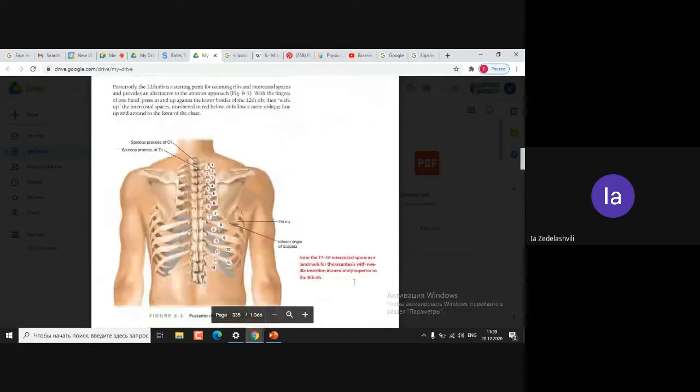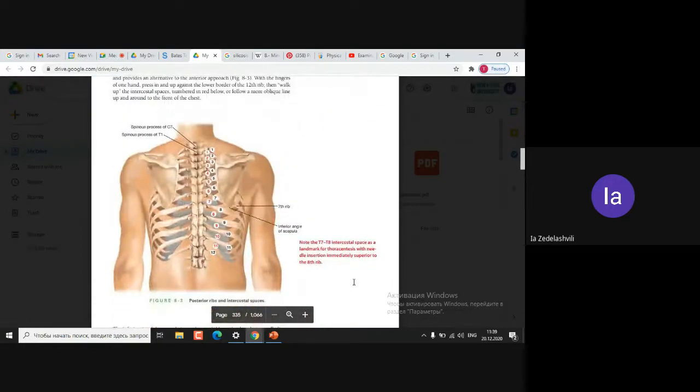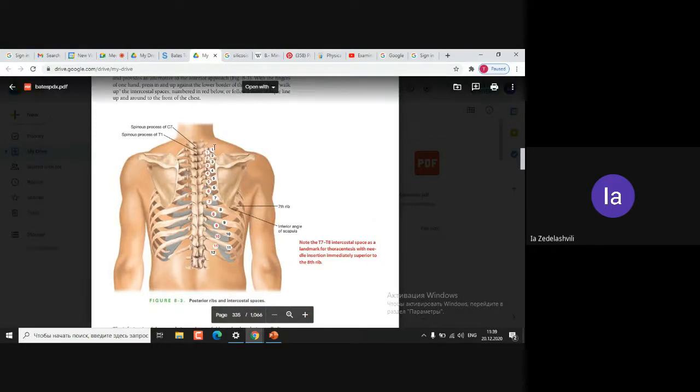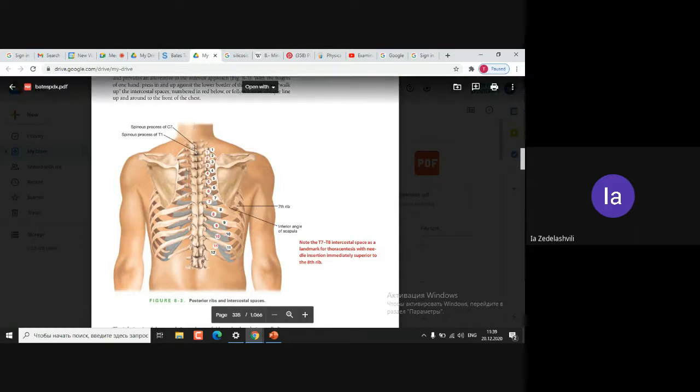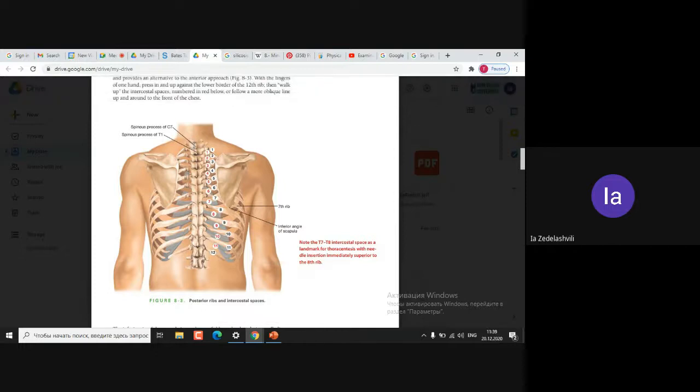From the backside, it's slightly more difficult to calculate where the rib is perfectly, but you have here the projection of the spinous processes. The most outgoing process is from the seventh neck or cervical vertebra.